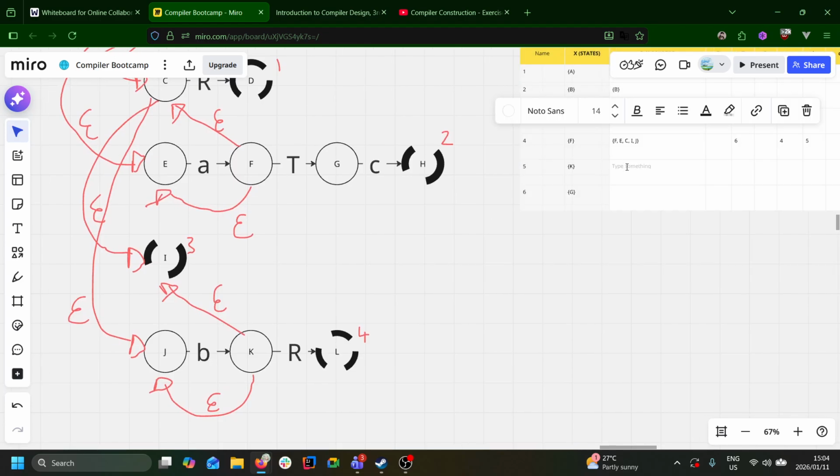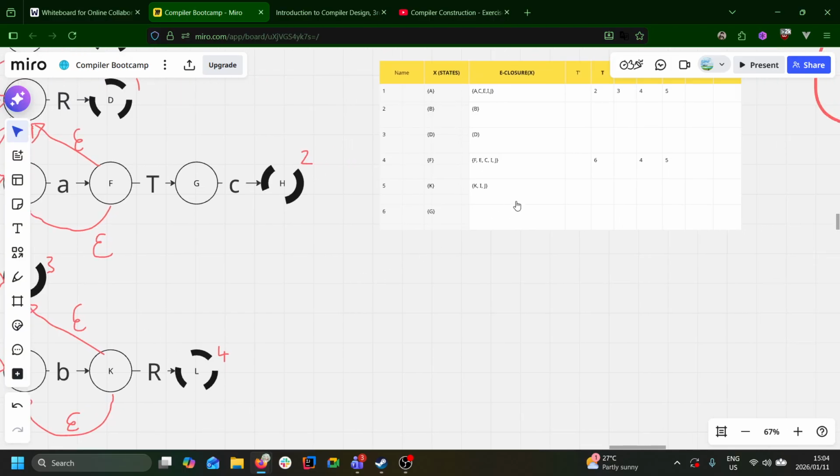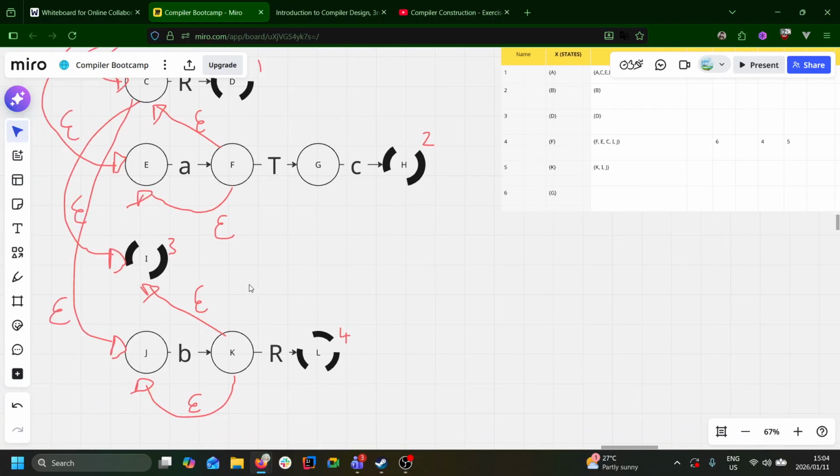So K, let's find the epsilon closure of K. We're going to have K, then I, and then J. So K takes us to I, and K takes us to J, and there isn't any other transition. So now that you have this, ask yourselves the same thing.